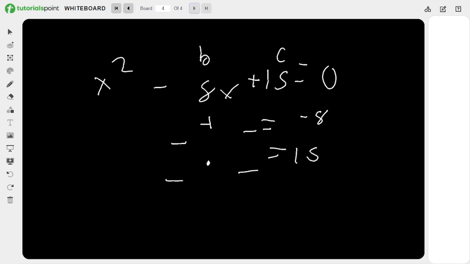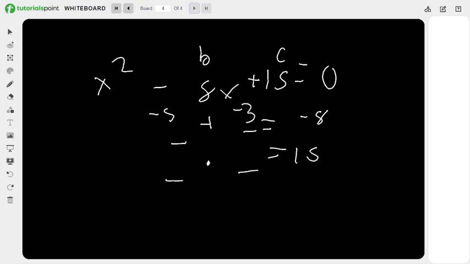So we had 1 and 15, and 5 and 3. Negative 5 times negative 3 equals positive 15. And again, negative 5 plus negative 3 does equal negative 8.